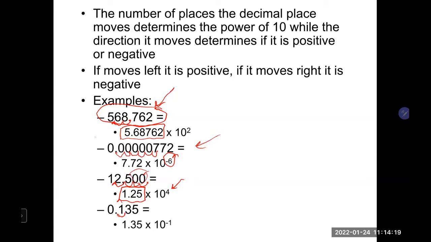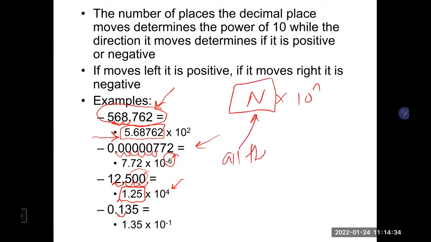When we wrote it in scientific notation, it still has 6 significant figures, and that's why we kept all those numbers there. Whenever you write a number in scientific notation, all these numbers are significant figures.